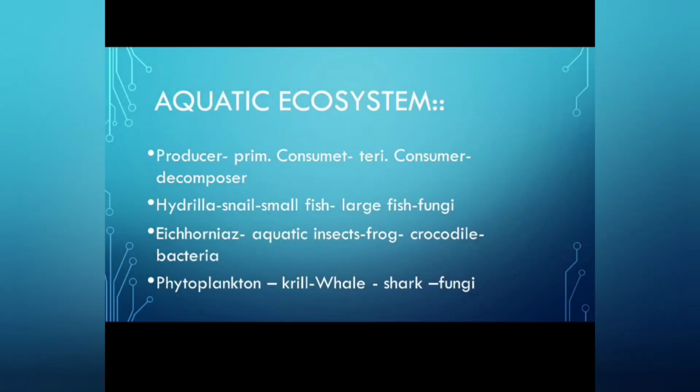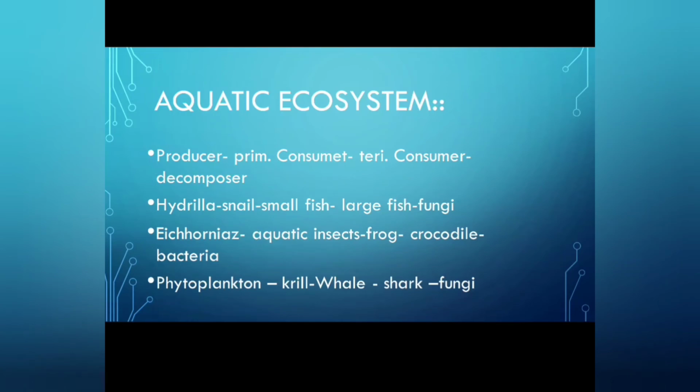Again observing the food chain, hydrilla, an aquatic plant, is a producer, snail is a primary consumer, small fish is a secondary consumer, large fish is a tertiary consumer, and fungi are decomposers. In the second example, azolla is a producer, aquatic insects are primary consumers, frog is a secondary consumer, crocodile is a tertiary consumer, and bacteria are decomposers.